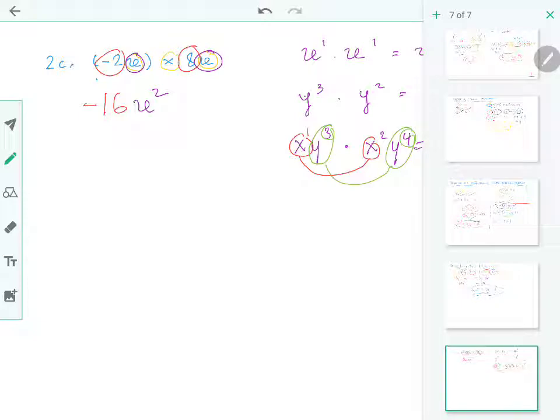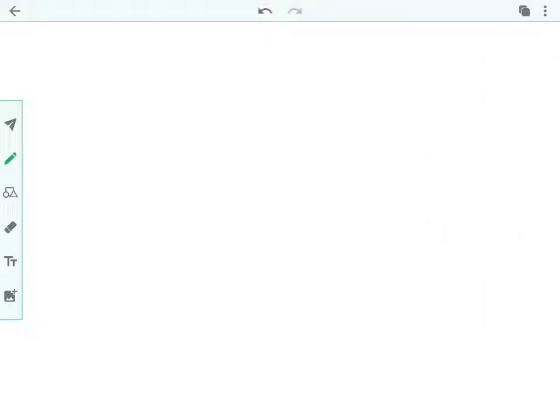I'm going to do another example again, now from number 3. For number 3, it actually already represents expansion. So I'm going to do number 3, 8. Negative x, negative x minus 1.